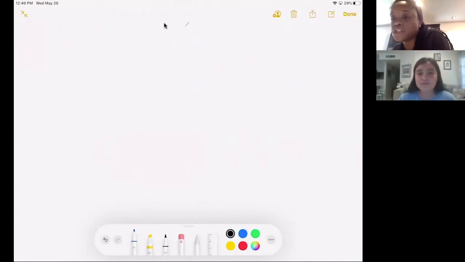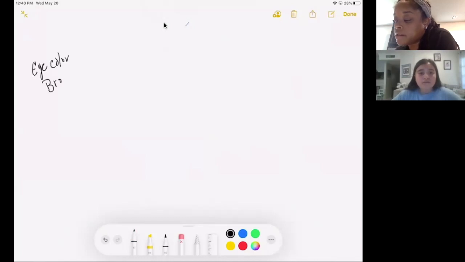Okay, all right, so let's code for eye color. We'll say that brown is dominant. Blue is recessive.